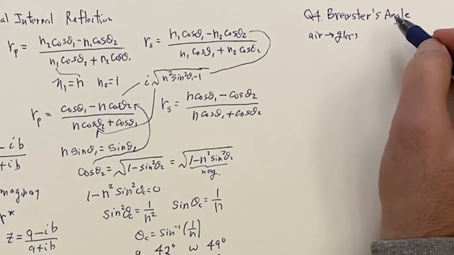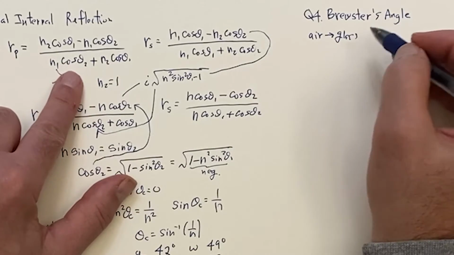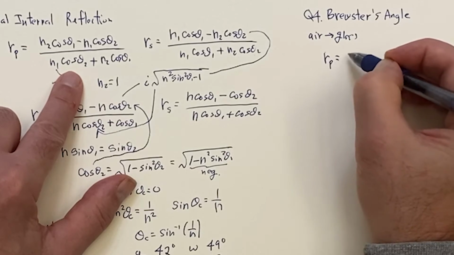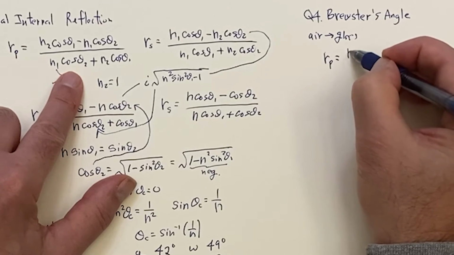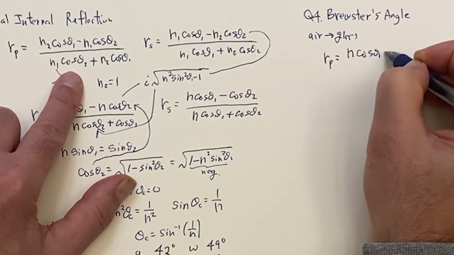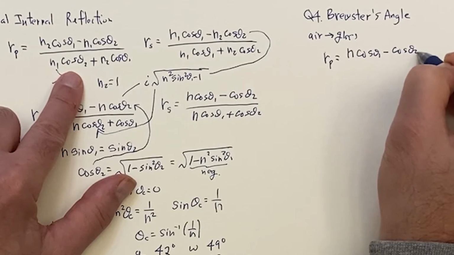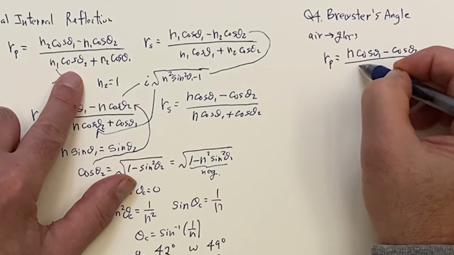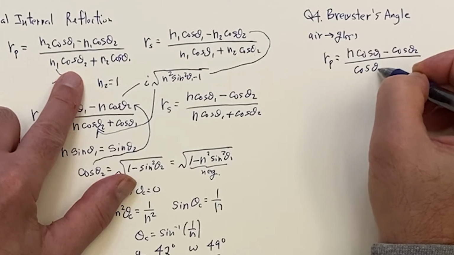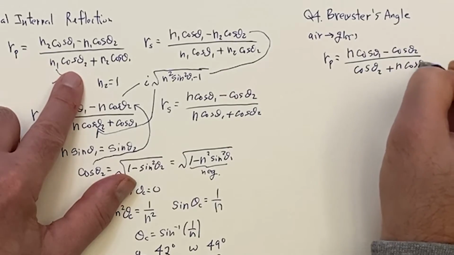So in that case, if I adapt this formula, the RP formula, N2 is now the glass, so I have N cosine theta 1 minus cosine theta 2, over cosine theta 2 plus N cosine theta 1.